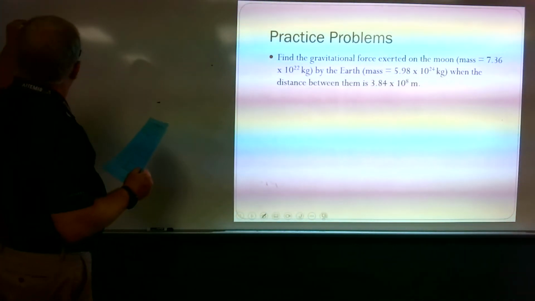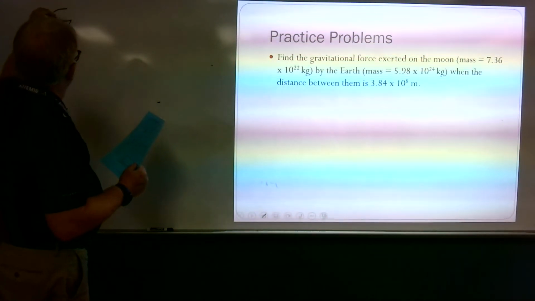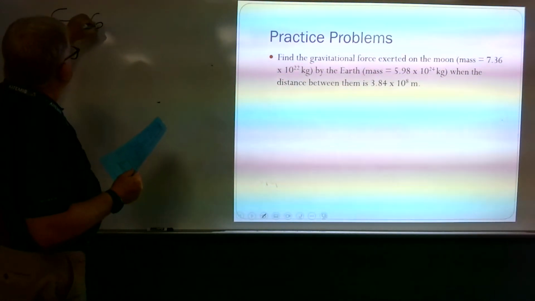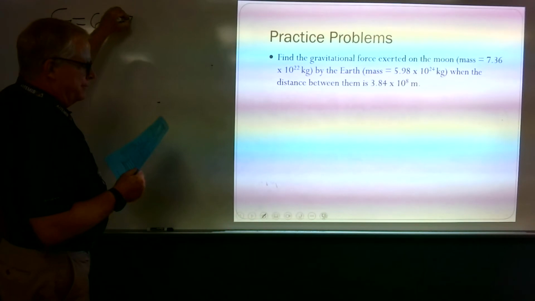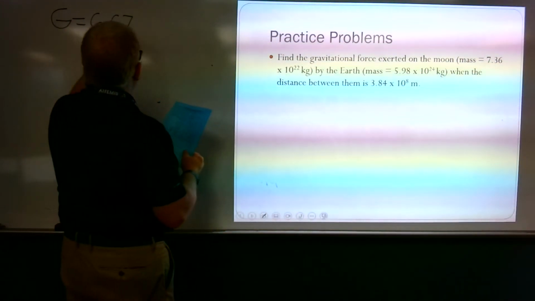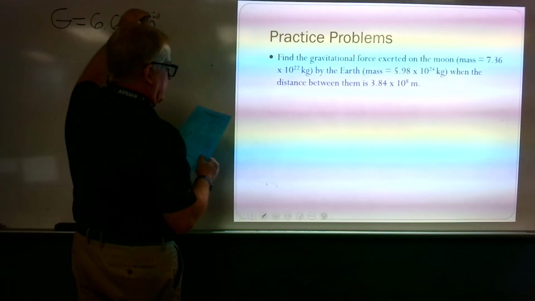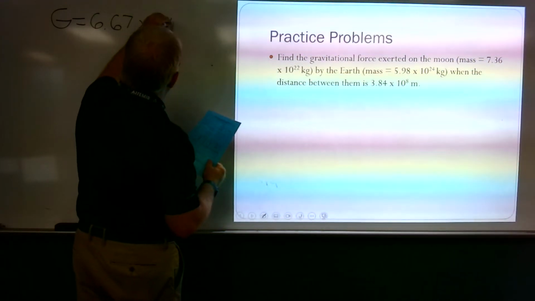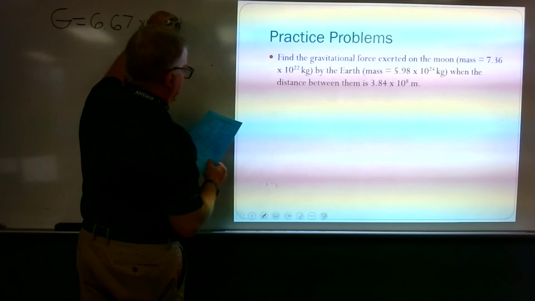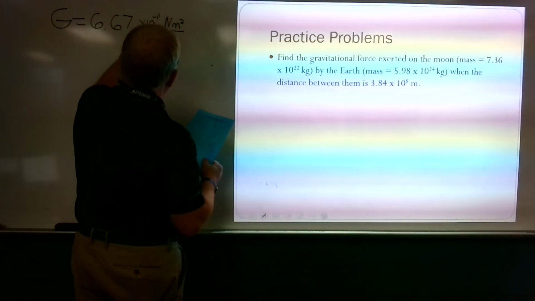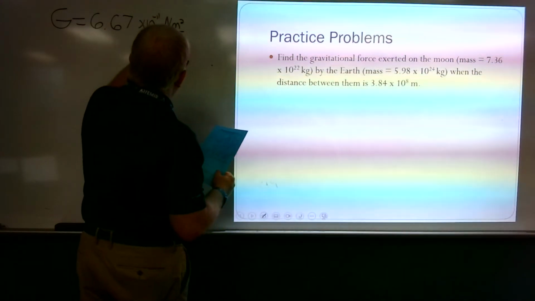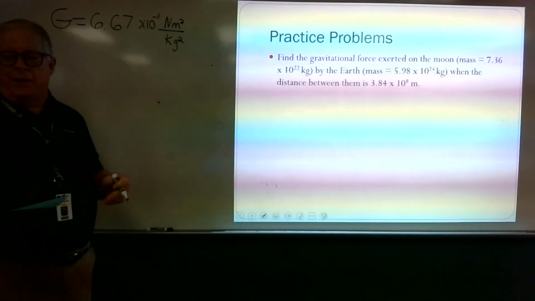G is equal to 6.67 times 10 to the minus 11 newton meters squared per kilogram squared. Now, it took a long time to get that value.